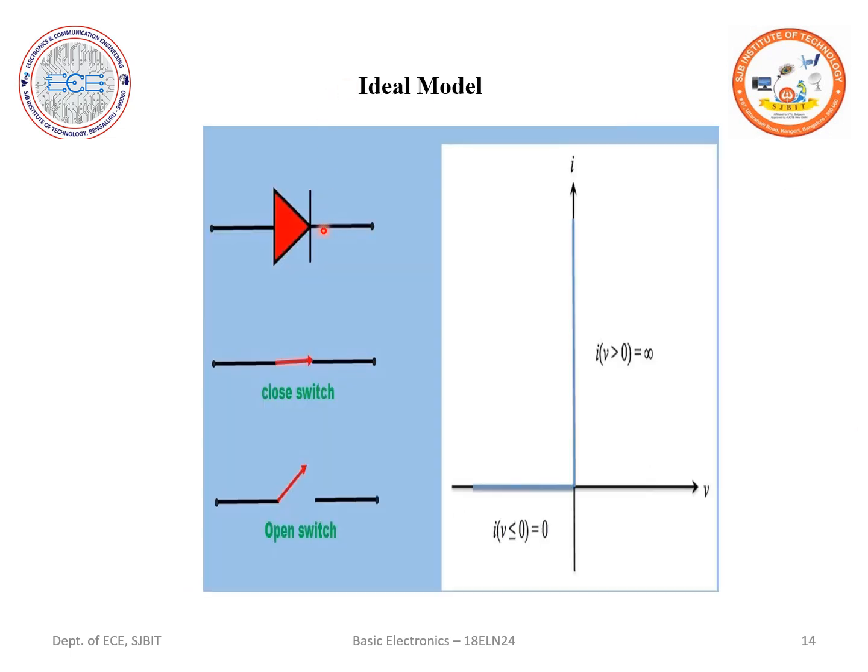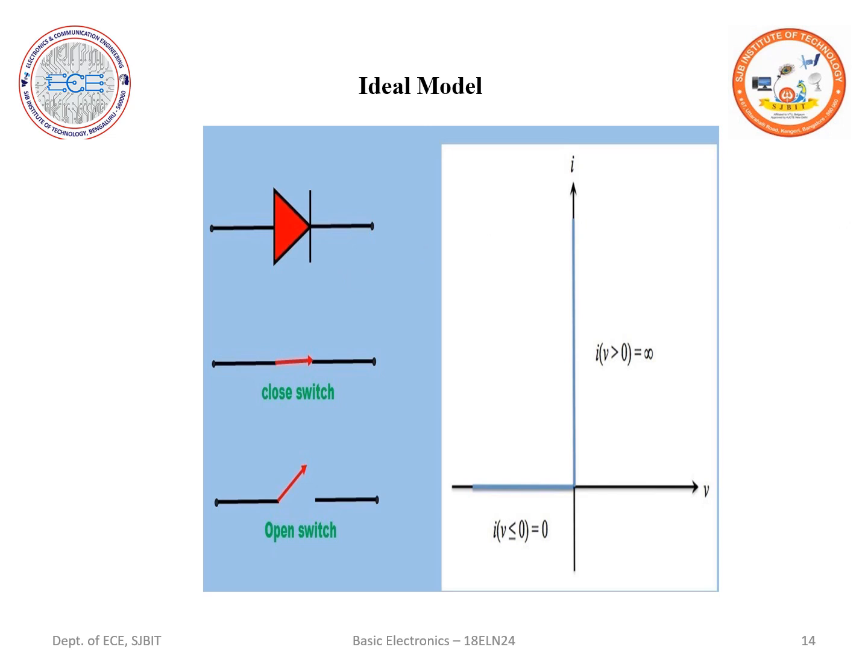In the ideal model, we consider the diode in the ideal condition, where the current is equal to 0 and the voltage is equal to 0. At this condition, the diode acts normally, without any threshold voltage applied. It acts as a closed switch as well as an open switch.